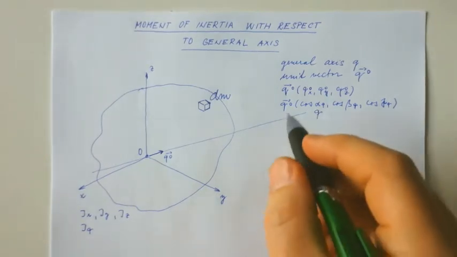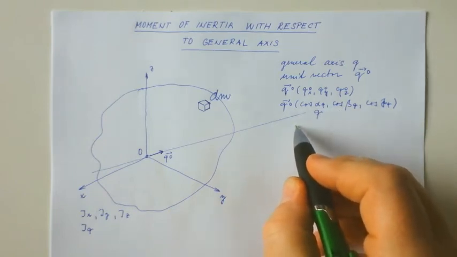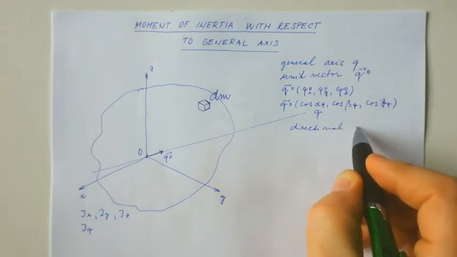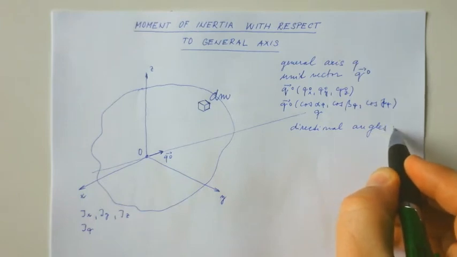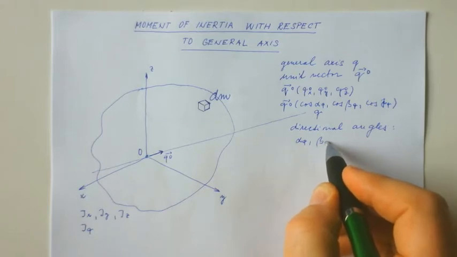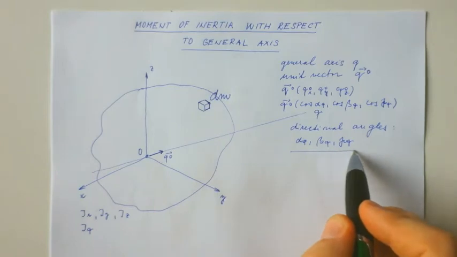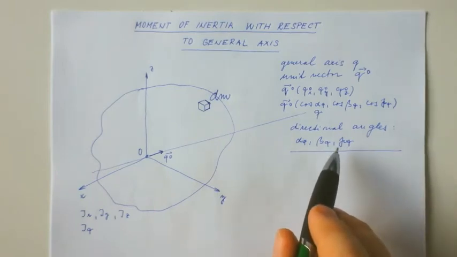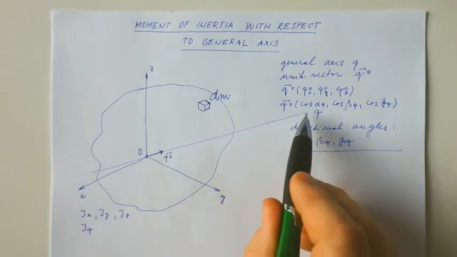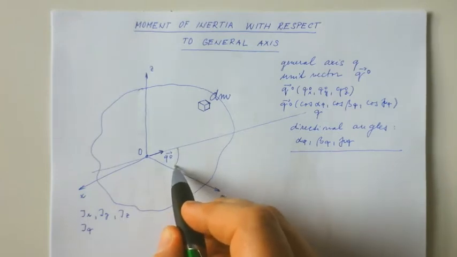Directional cosines, or better to say cosines of directional angles. They are alpha q, beta q, and gamma q, where we can see these angles. For example, beta q is the angle between our axis and the y-axis. So beta is here.